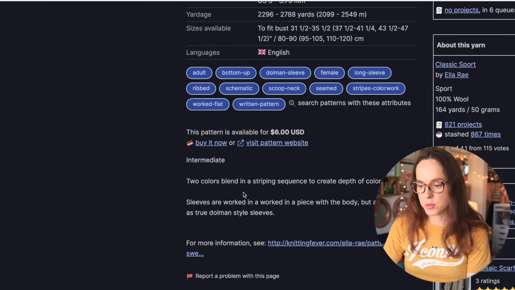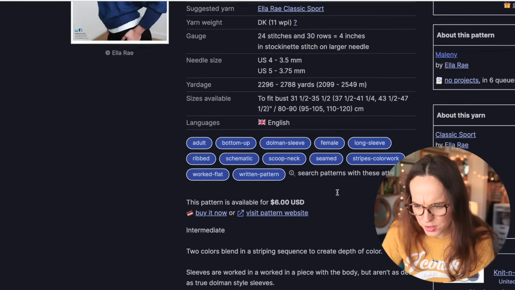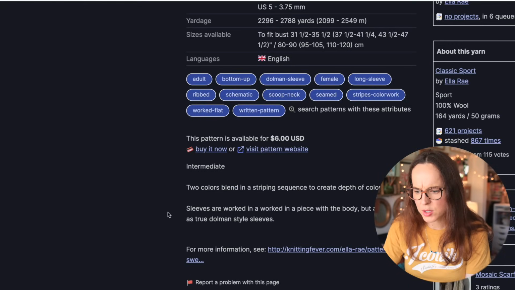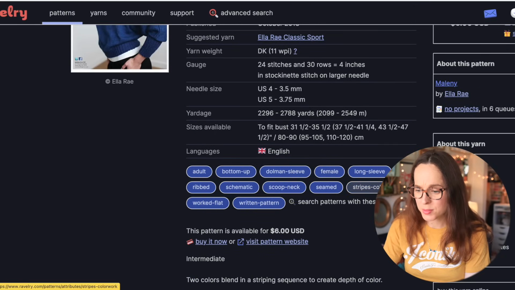It says two colors blend in a striping sequence to create a depth of color. That's not right. Sleeves are worked in a piece with the body. I'm not happy with this Ravelry page. It says stripes, color work, scoop neck, written pattern, worked flat. Dolman sleeve is correct.